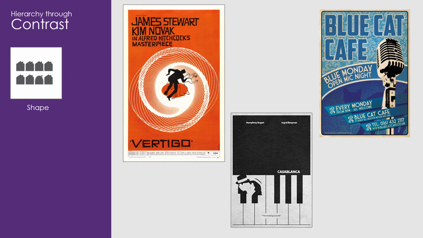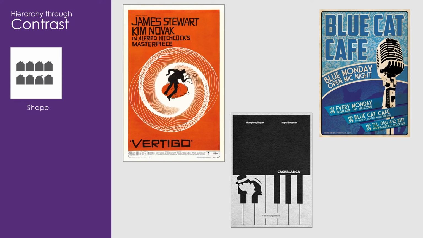Another way to create hierarchy through contrast is in shape. A different shape will stand out amongst the rest. So if you have very up and down vertical shapes, and then you throw in a more organic shape, like that Casablanca poster in the center, the organic shape, the irregular shape, will stand out.